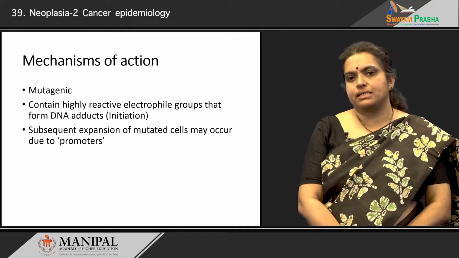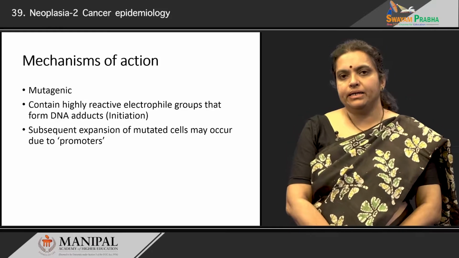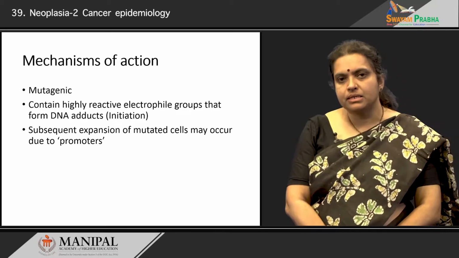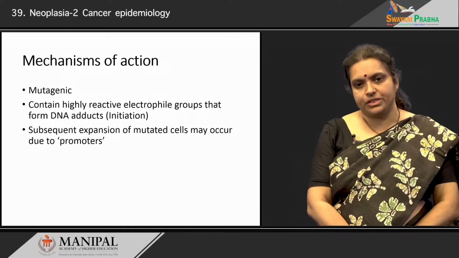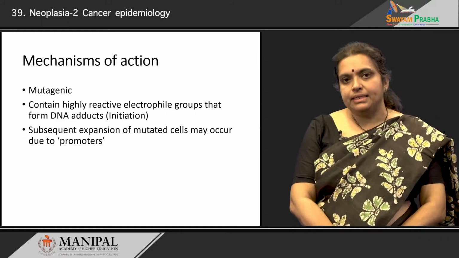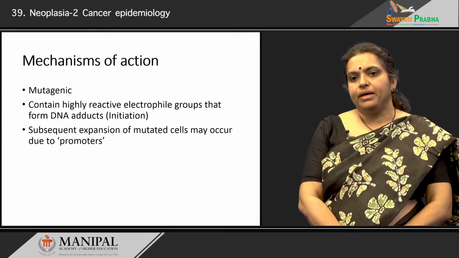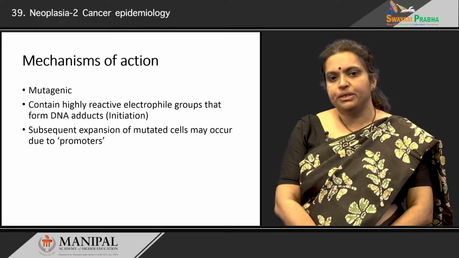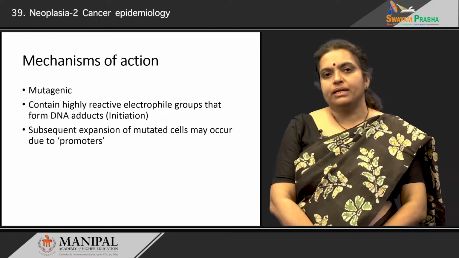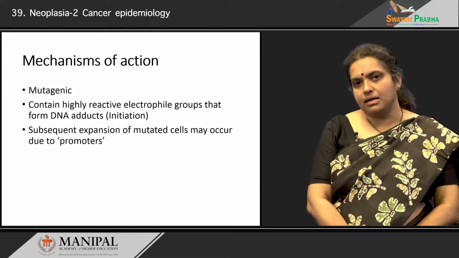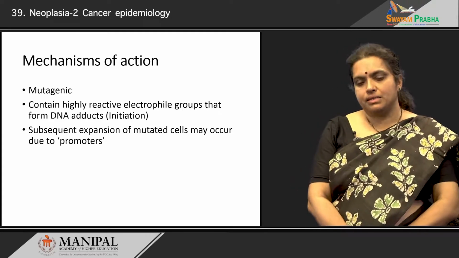This process of the chemical combining with the DNA of the cell and forming an adduct is known as the initiation phase of chemical carcinogenesis. Subsequently, these initiated cells expand and may develop into the tumor due to other substances which are known as promoters. So, there are two phases in which chemical carcinogenesis occurs. The first is initiation and the second is promotion.